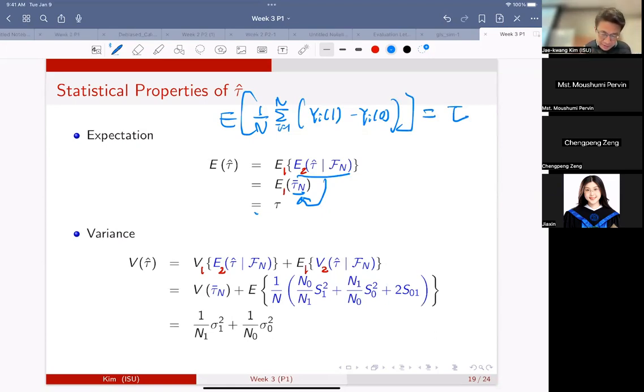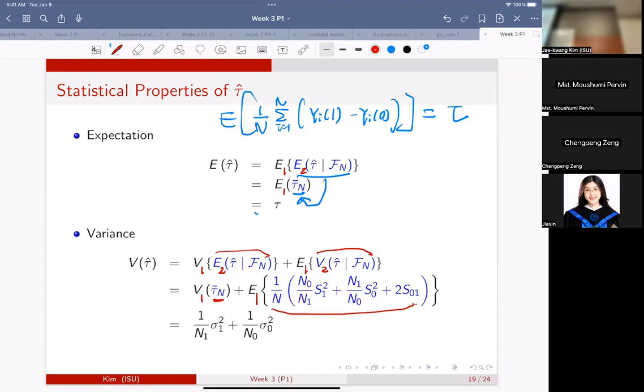And then same story, right? Here we have this one already, and here you have this one already. And all you have to do is to evaluate the expectation and variance with respect to the model, the superpopulation model.